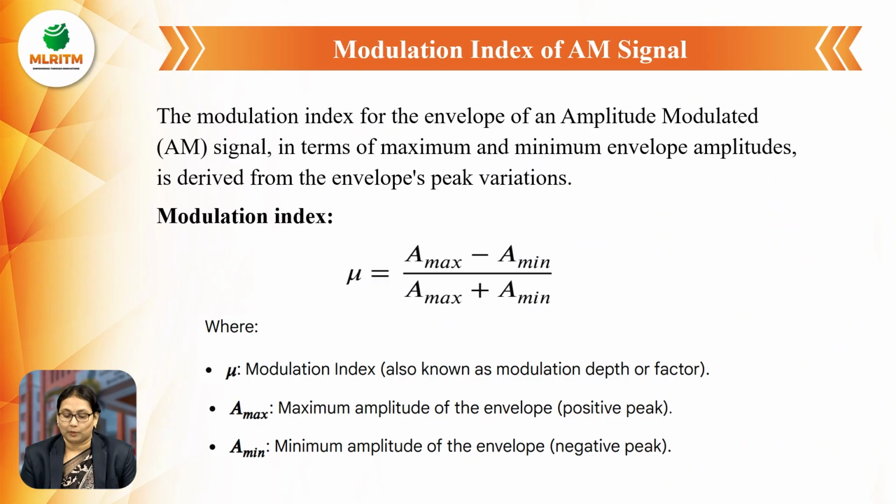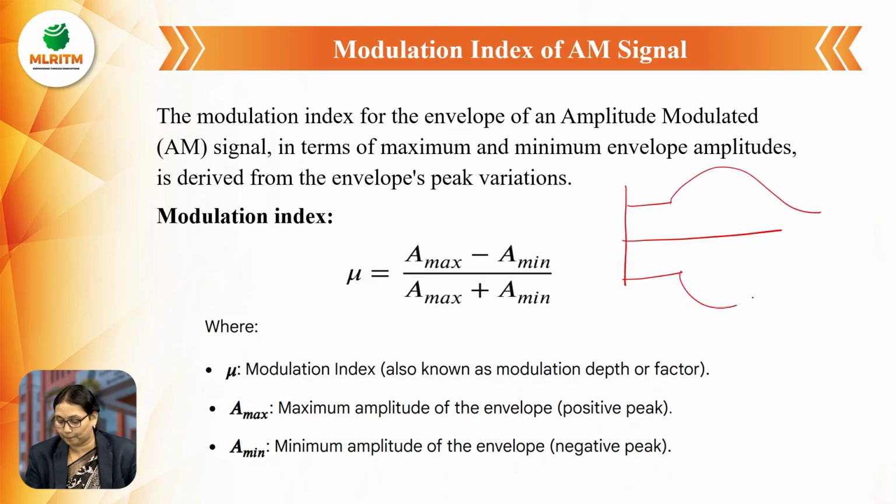So next, the modulation index for the envelope of the AM signal in terms of maximum and minimum envelope amplitudes. It is derived from the envelope peak variations. Here the amplitude modulated wave is represented in this way.